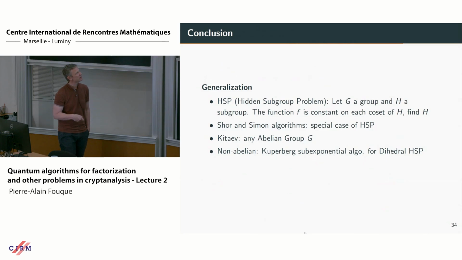For this non-abelian group, there is an algorithm that is neither polynomial nor exponential. It's sub-exponential, so in between, exactly like factorization. It requires some steps, but it's not as bad as exponential, and it allows you to solve the problem.